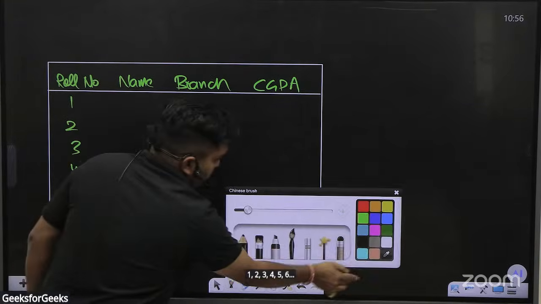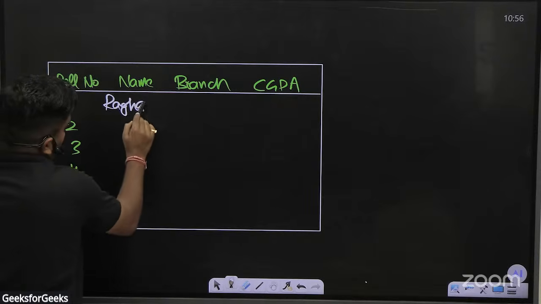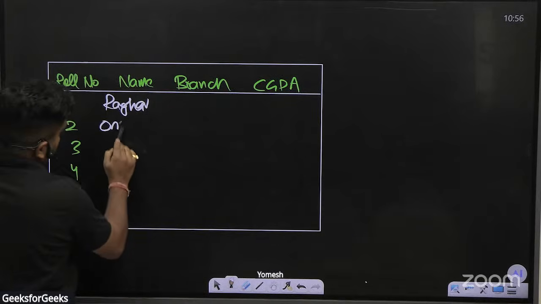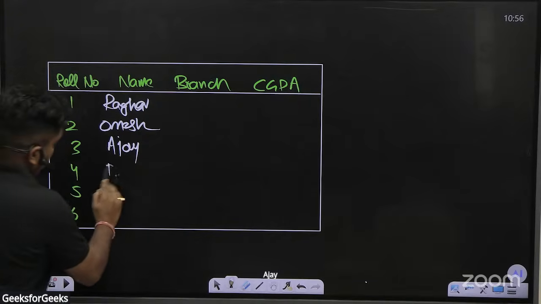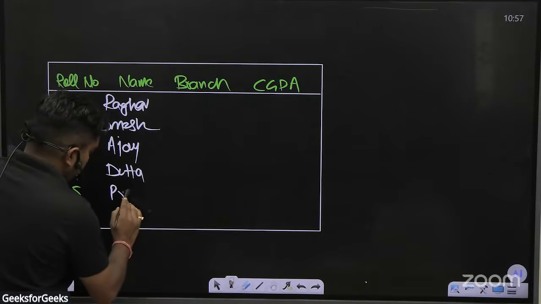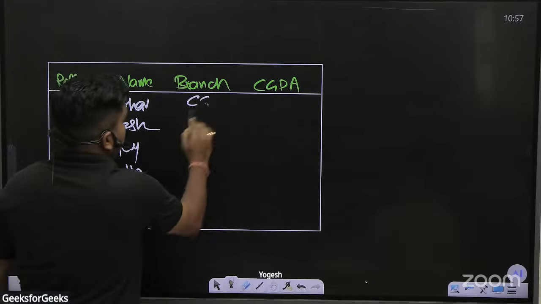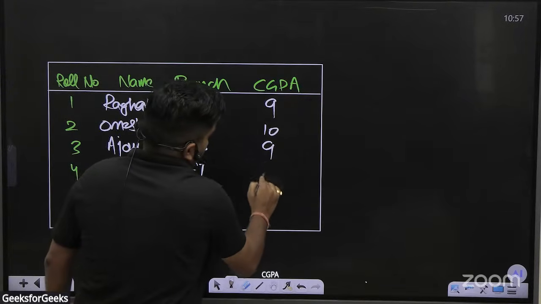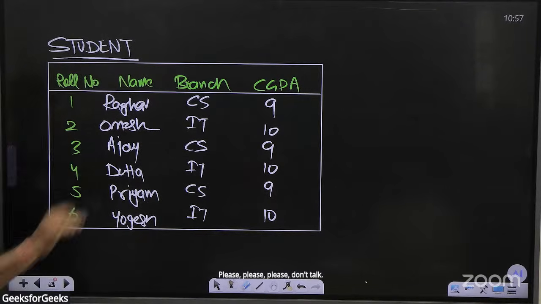Names: Raghav, Vyomesh, Umesh, Ajay, Dutta, Yash, Priyam, Yogesh. Branch: CS, IT, CS, IT, CS, IT. CGPA, assume we are taking. Please don't talk. This is the student database.